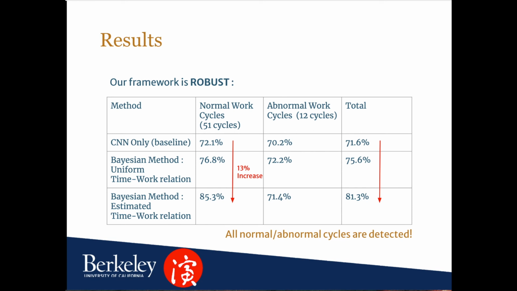But we gave high abnormal scores for such cycles, so people can expect and interpret them as the sources of work plan deviations. In this work, all the abnormal cycles are detected by our framework. In total, our framework gives around a 10% accuracy boost compared to the baseline model.